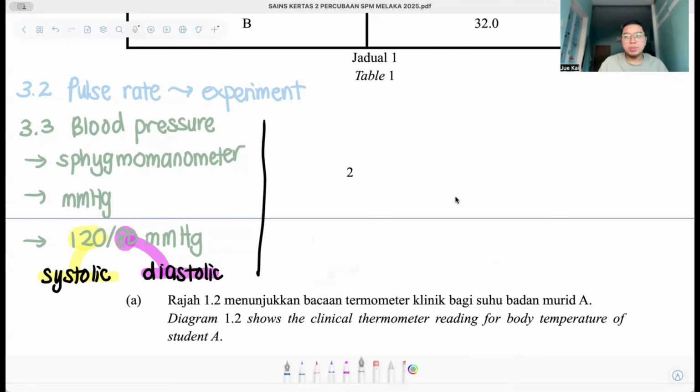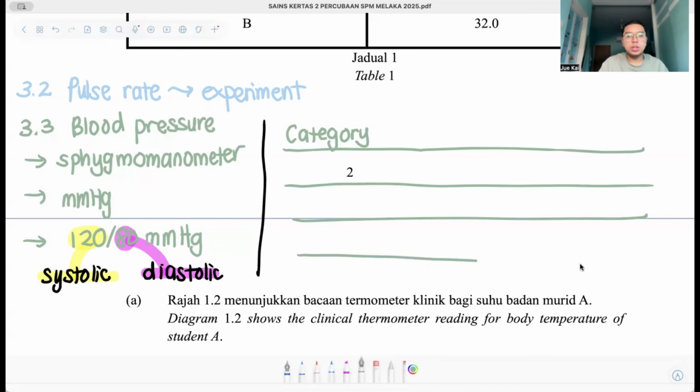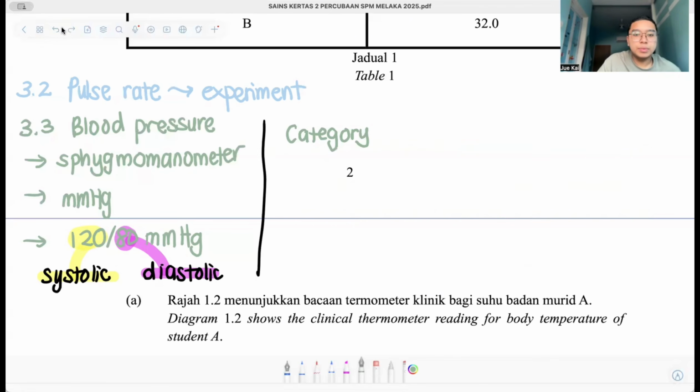So we have 5 types of category. Okay. Let me count one by one. 1, 2, 3. 1, 2, 3, 4. Is it enough? Oh, not enough. Okay, wait, let me draw.